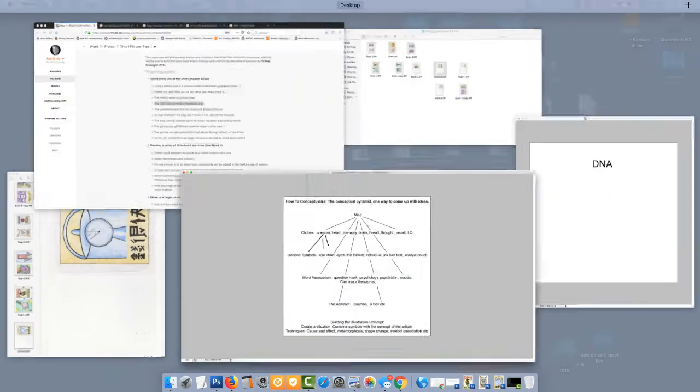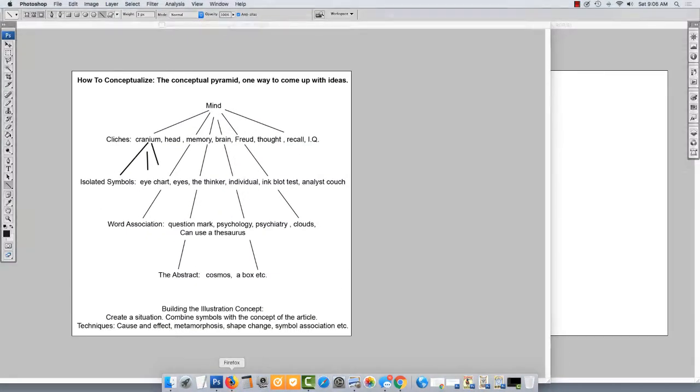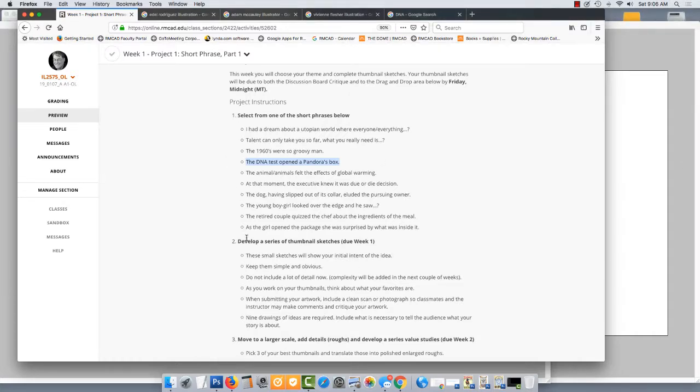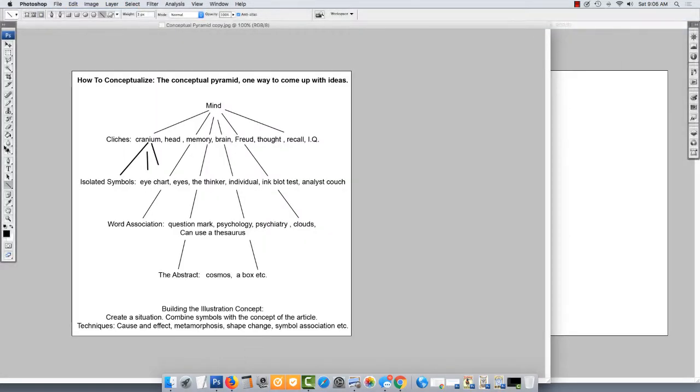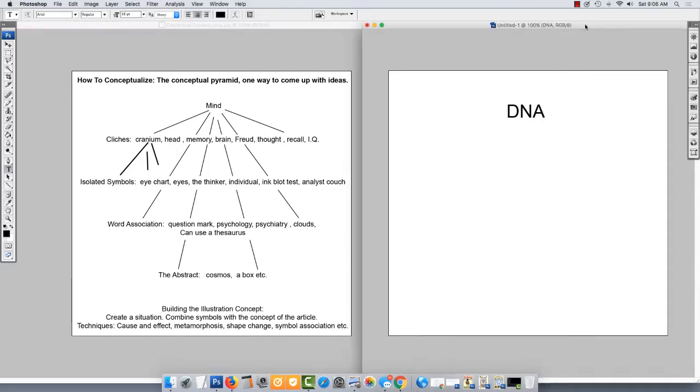But let's say we are talking about DNA, one of these phrases: the DNA test opened a Pandora's box. So first thing you do, you go over to some type of word program or just jot it into your sketchbook.